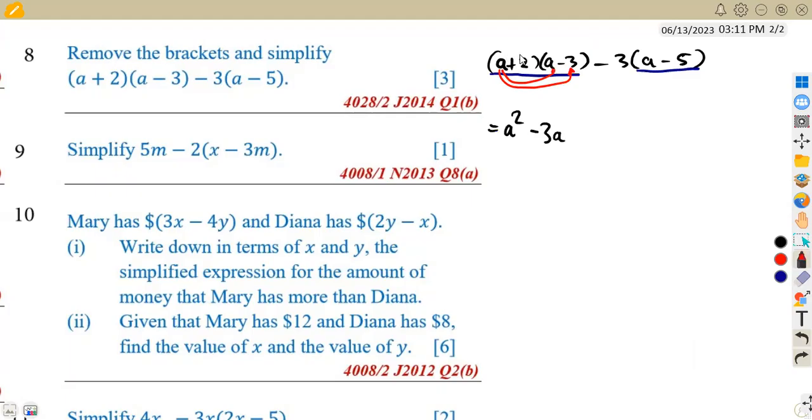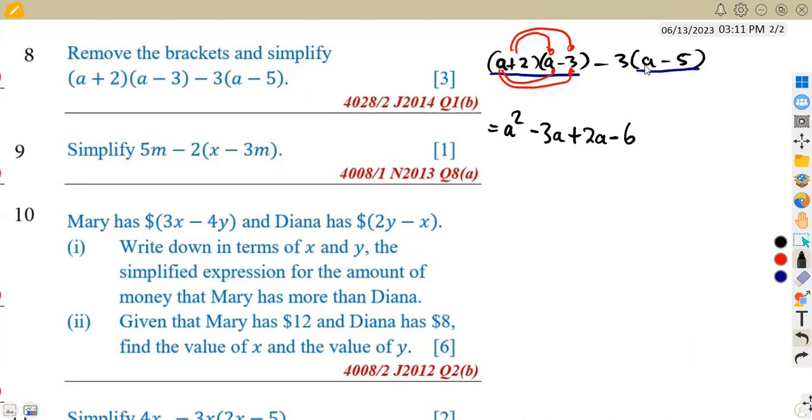The same thing, we are done with a. We move on to plus 2. So it's plus 2 and a. So if you multiply plus 2 and a, that will be plus 2a. Then we move on, plus 2 and negative 3. So it's a plus and a negative, which is going to give us a negative. So 2 by 3, that's a 6. We are done with these two brackets.